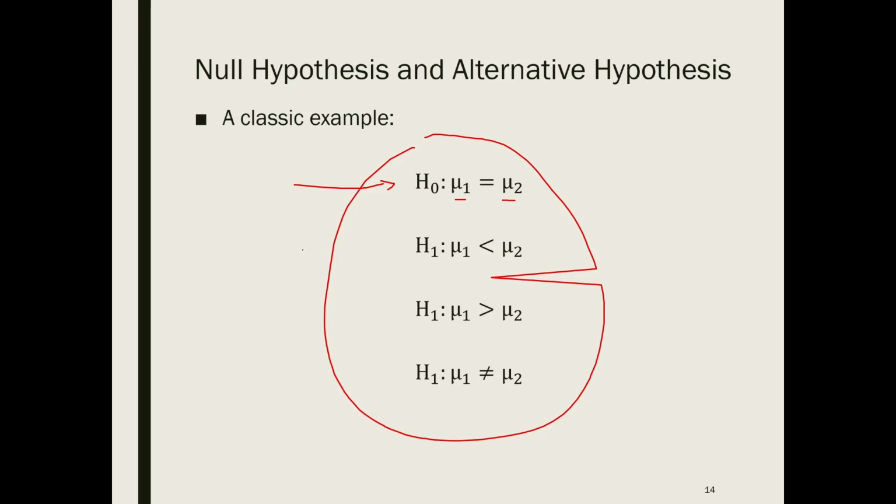And the H1, the alternative hypothesis, can be stated in three different ways. The first one means the population mean of sample 1 is less than the population mean of sample 2. The second one means the population mean of sample 1 is larger than the population mean of sample 2.